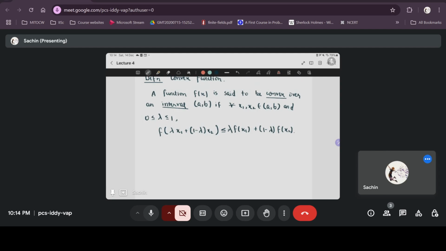So such a function is called a convex function, but that's also a bit ambiguous because if you want to be more clear, you say that it is convex down because if you're looking from below, it looks like a convex.